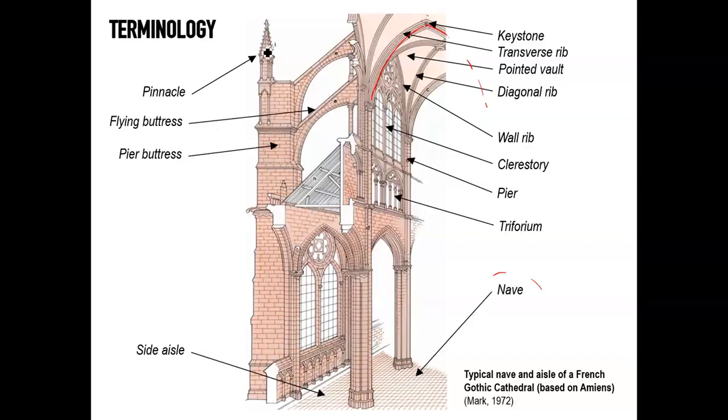And then normally over these buttresses, but not all the times, there might be further decorations known as pinnacles, which are not just decorative, but they add more weight on top of the buttresses, and they help, as we will see, to stabilize the structure altogether.